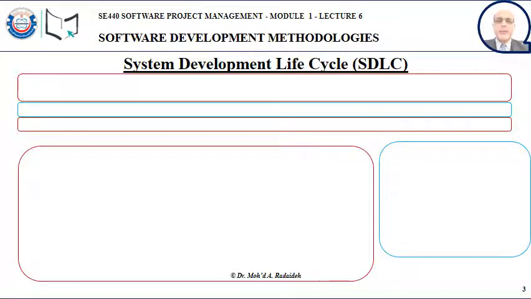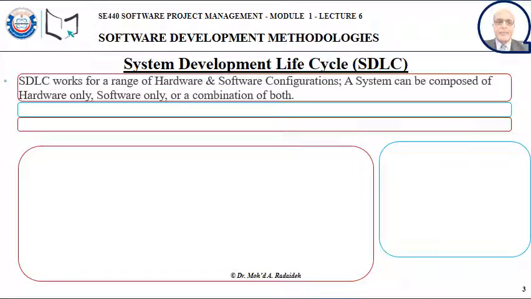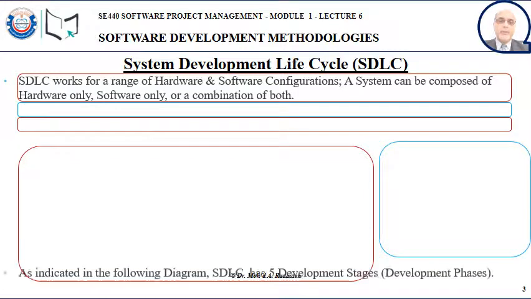To start with, we look at the systems development life cycle, the SDLC. The SDLC works for a range of hardware and software configurations. So a system can be composed of both hardware and software, or only software or only hardware.